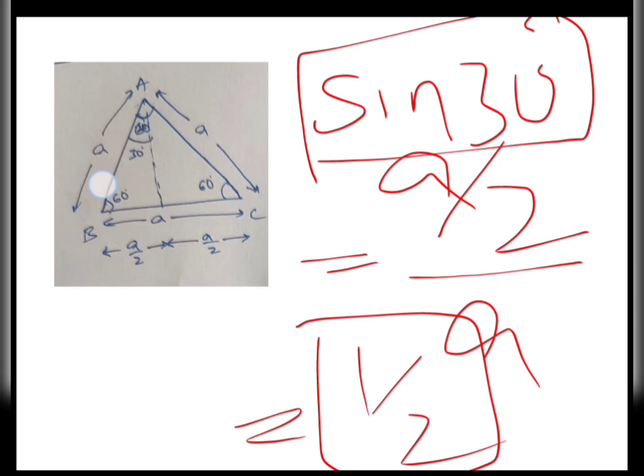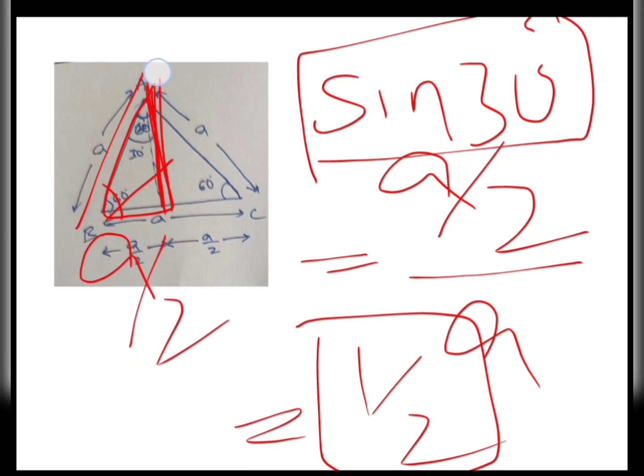Similarly, when you want to find sin 60 degrees value, this is 60 degrees. Sin 60 will be the opposite side to it divided by hypotenuse. Opposite side measures length. We will find out by using Pythagoras theorem. We know this one is A by 2.